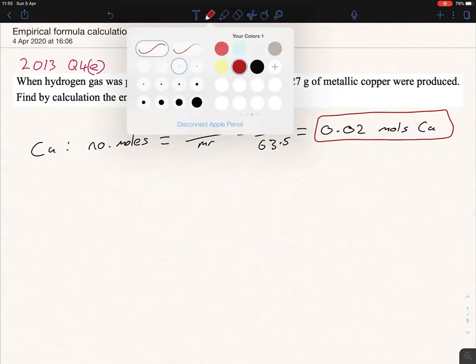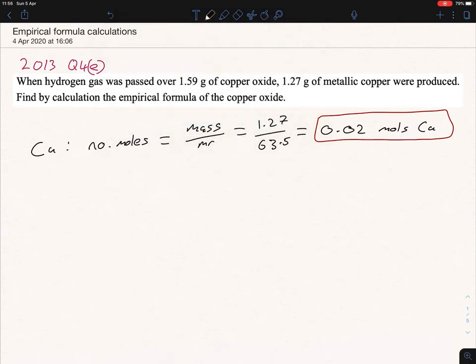Now our next one is going to be oxygen. So we have to figure out the number of moles again of that. So we have to figure out what the mass is and the Mr. The Mr we know is going to be 16. And the mass: we have 1.59 grams of copper oxide, and when that was passed over hydrogen gas, we were left with 1.27 grams of copper. Now, mass cannot be created nor destroyed.